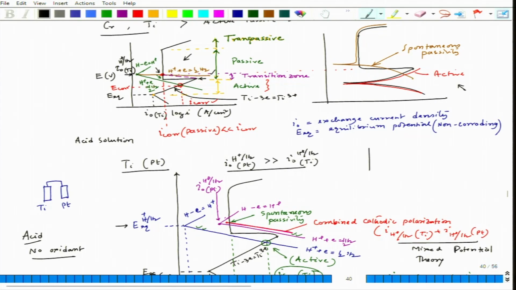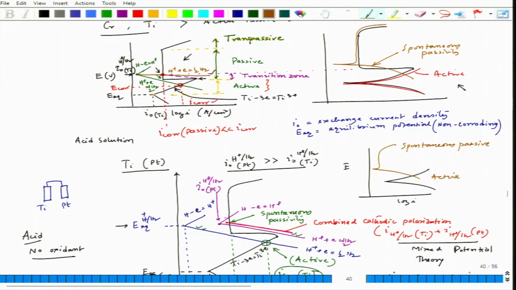So in one case we will get active behavior, in another case we will get passive behavior on the same plot. If we plot it as E versus log I, the plot pattern would be like this. This is spontaneous passive and this is active.